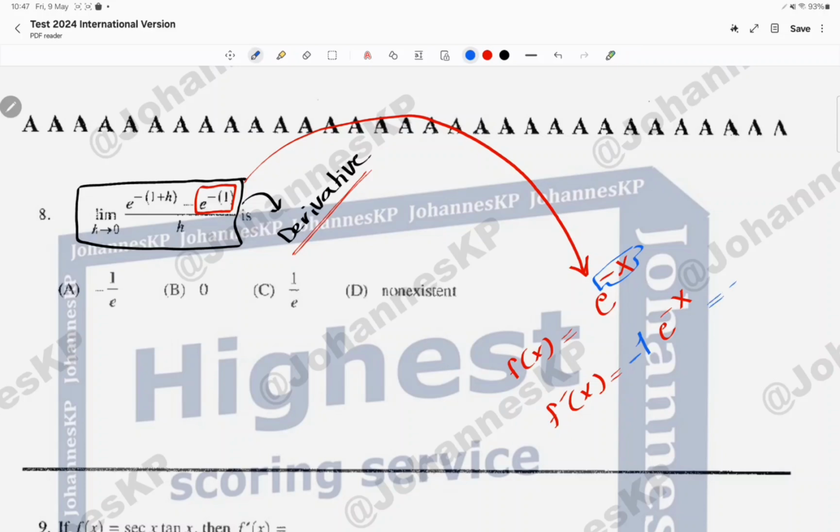So now your function is going to be negative 1 over e, bring the e down to make the power positive. Now you plug in this 1 that was there in the beginning. So you get negative 1 over e to the power of 1, meaning negative 1 over e, which is A. Not that bad, right?